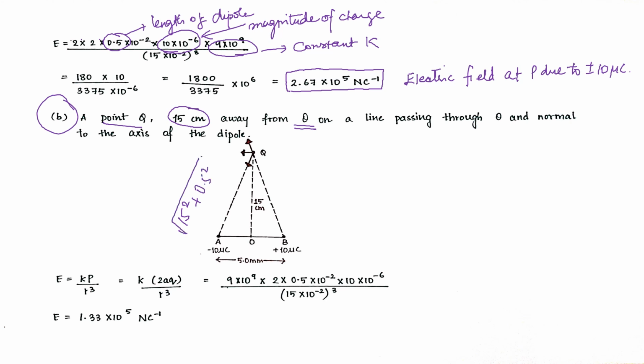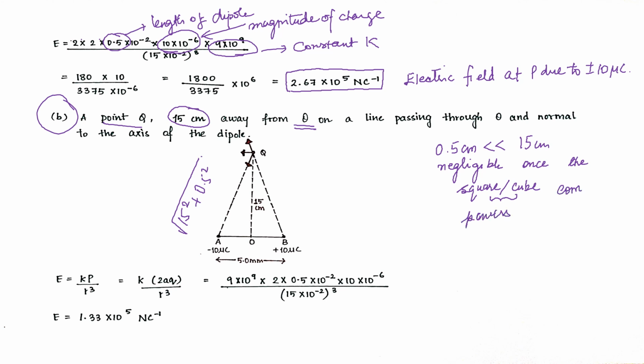So again here the concept of that 0.5 centimeter being smaller than 15 centimeter will be negligible once the power comes into role, square or cube, these are like powers, okay, powers come into role play.